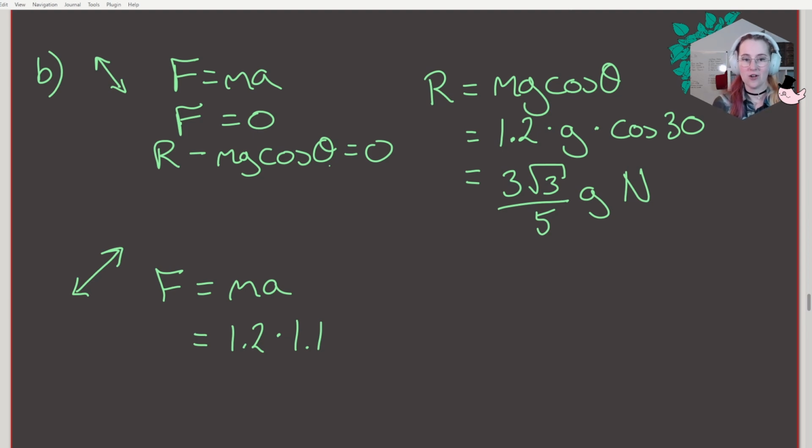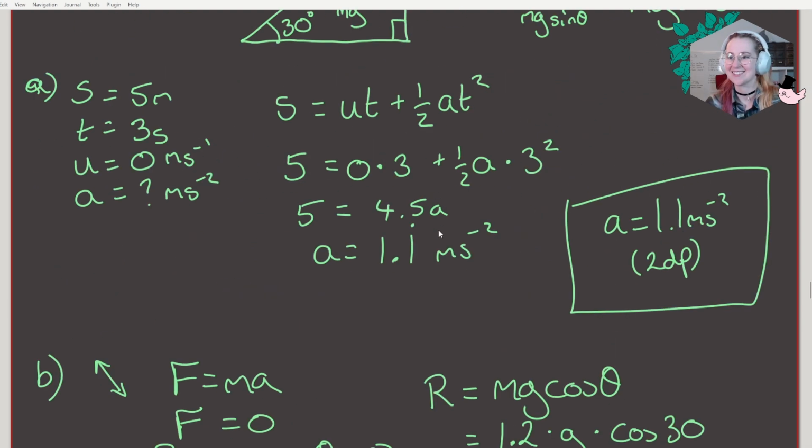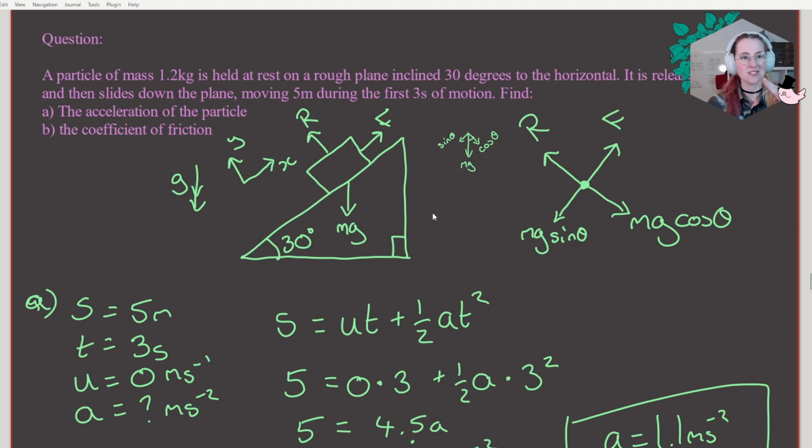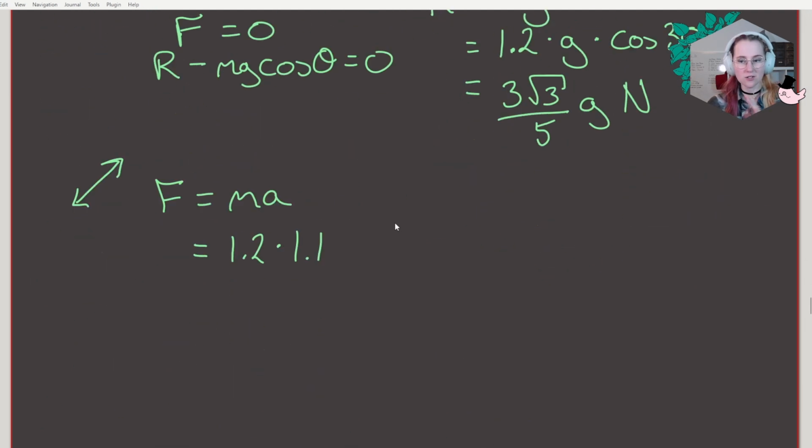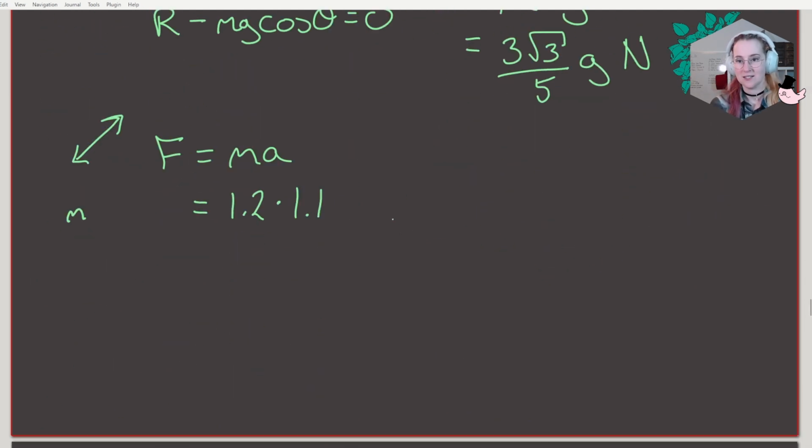And then on this side, we have that positive is up the slope. So for some reason, we've decided that's the direction that's positive. So we have F minus mg sine theta. As long as we're consistent, it's fine.